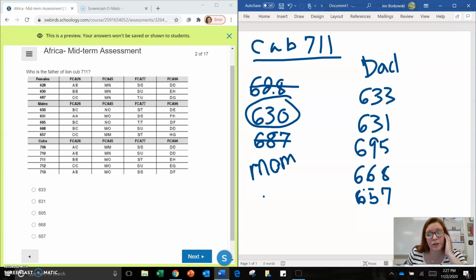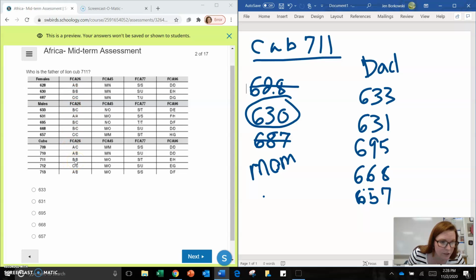Okay, so we're going to do exactly like we did for the mom, and we are going to go through and eliminate possibilities. So this is the cub that I'm looking at. And I know that this cub had to have gotten a B from mom and a B from dad. And we know mom was 630. She has 2 B's also.